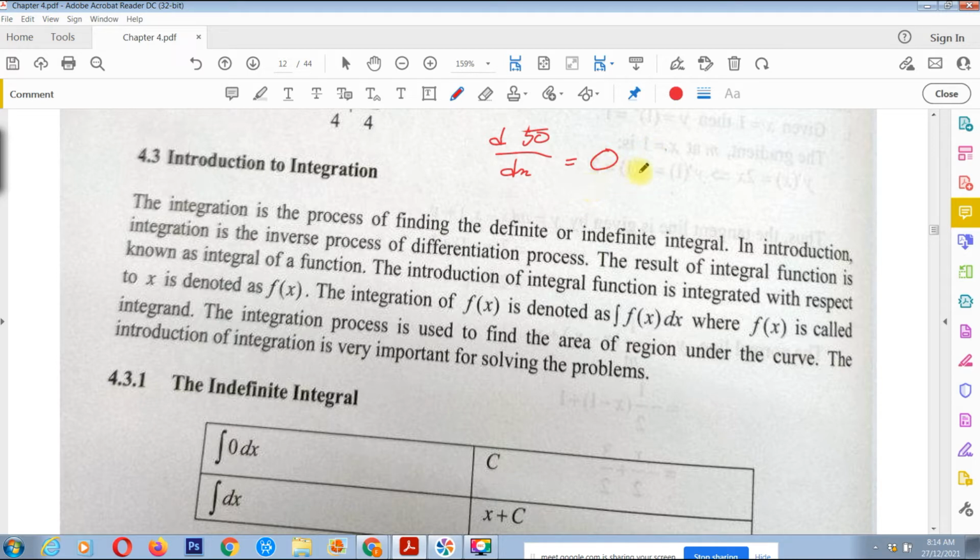Now we want to reverse this operation, so we integrate 0 with respect to x, which equals c. This c can be 0 or 15, it can be any real number. That's why c comes out.